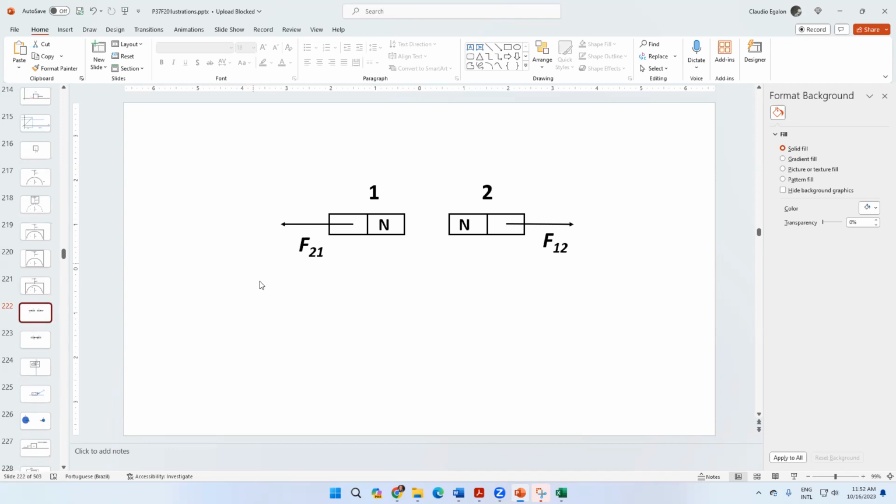We can isolate this object here. This one's going to be dashed, and the only force that is going to be of your interest is this force to the left. And similarly here, okay? They are interacting. Those two objects are interacting. You have to do this.